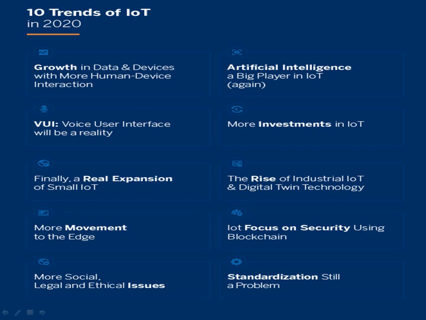And then most of the sectors are investing in IoT in 2020. Probably they are increasing their investments in IoT. And then the industrial sectors are using more digital technology, so in the trends of IoT, industrial sectors will also rise.